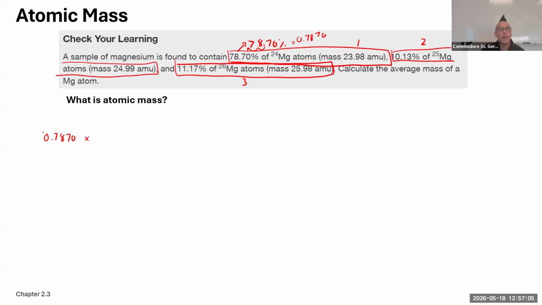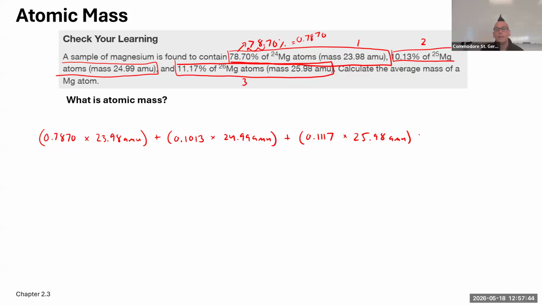0.7870 times 23.98 AMU plus 0.1013 times 24.99 AMU plus 0.1117 times 25.98 AMU.